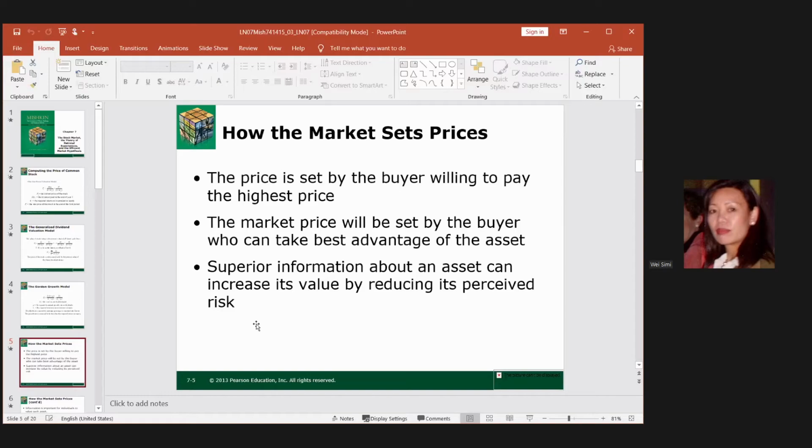Next level: we know the stock price, but how does the market set the price? The first point says it is set by buyers. Really? Do you feel that with Apple stock you make the decision? How can they say the stock price is set by the buyer, the one willing to pay the highest price?